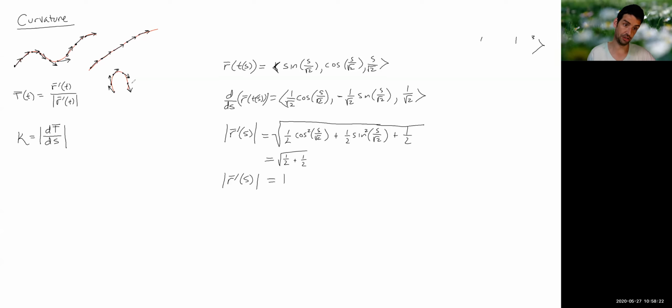If the direction changes a lot in a short period of time, we have high curvature, right? You can think of a big circle versus a small circle. If you imagine spinning around these circles, even if you're going at the same linear speed, in this big circle, you're barely going to notice it because it takes you a long time to change direction. Whereas in this tiny circle, you have to change direction very quickly relative to how far you've traveled in linear distance.